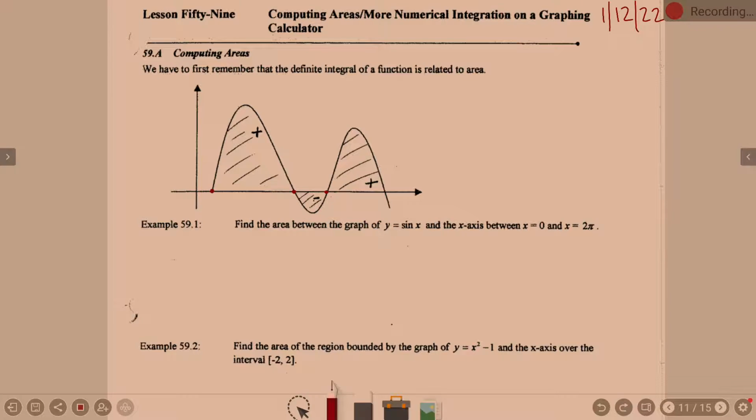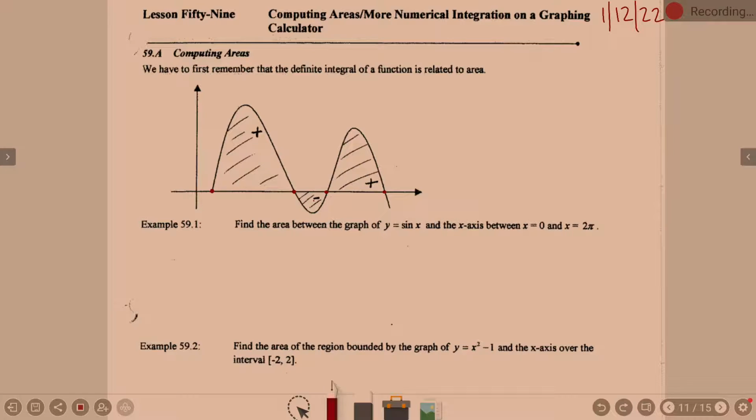So any values that are below the x-axis, we're actually going to subtract those, because subtracting a negative value is, in terms, adding a positive. And then we would add this integral from the third point to the fourth point there. I just put those points in as points of reference of what I'm talking about there. Okay, shall we try example 1, see what happens here?